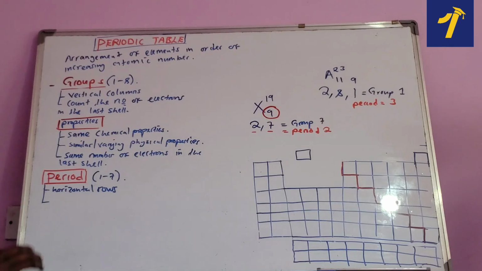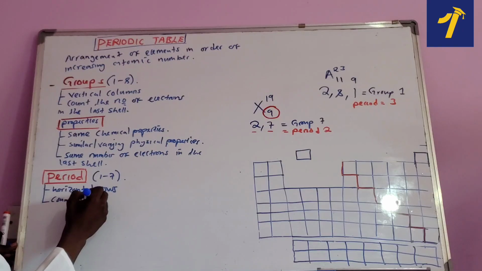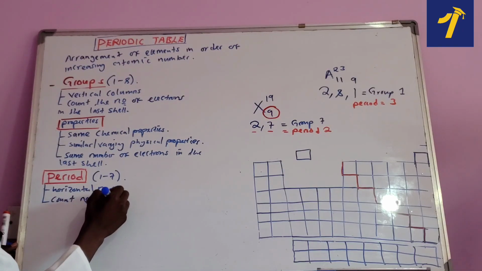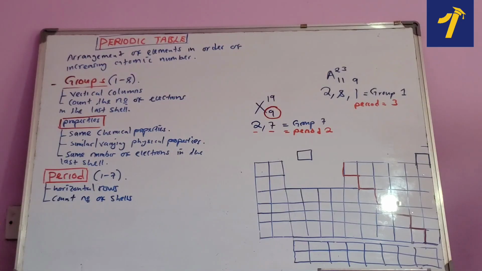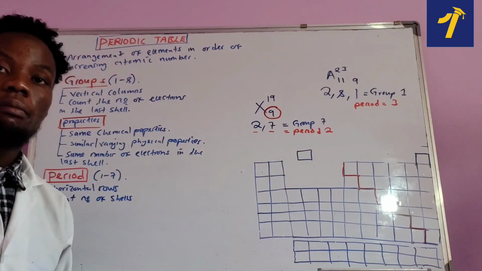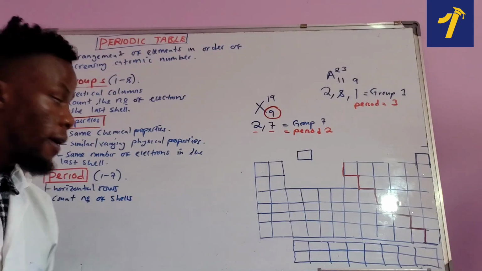How do you find the period number? You count the number of shells, and they equate to the period number. Make sure that you understand.